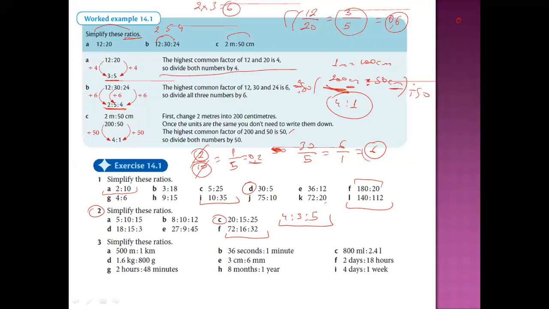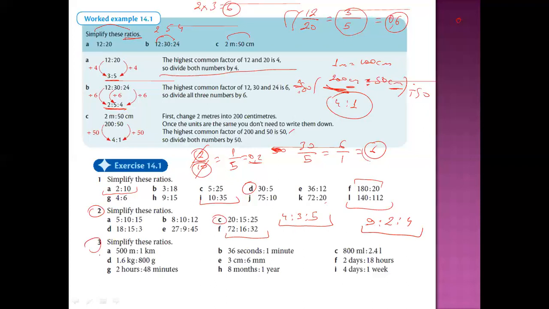Is it 8 or 16? 16 is not divisible by 72. That's why 8, yes. 9, 2, and 4. Okay, 9, 2, and 4.